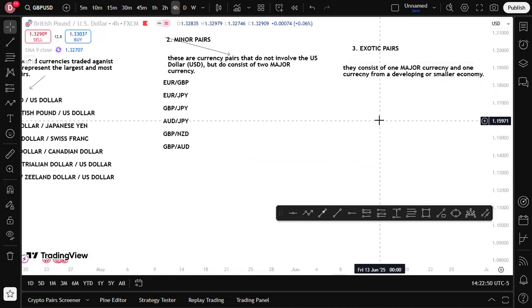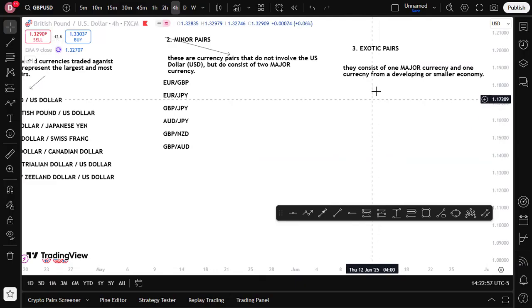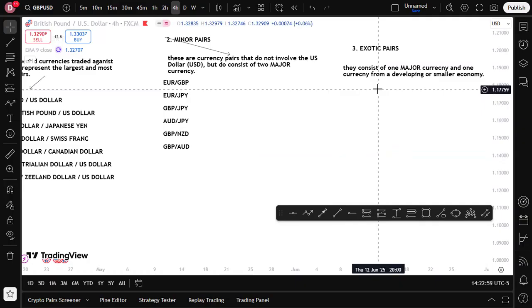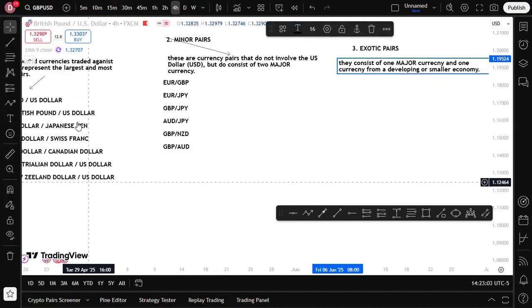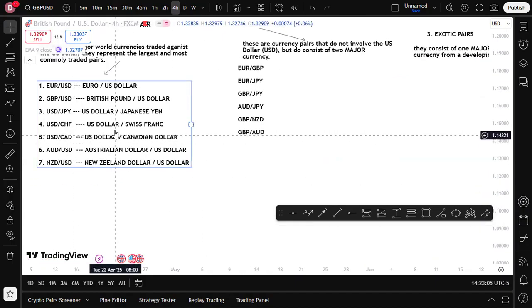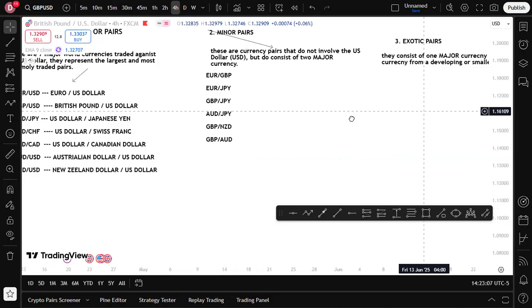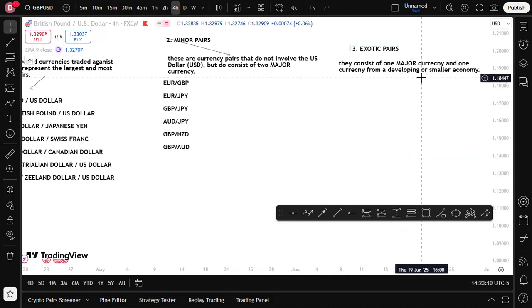I know most of my Nigerian people will say, what about the Nigerian Naira? This is where it falls under the exotic pairs, because they consist of at least one major currency. That's one major currency from here, paired with another currency from a smaller or developing economy.